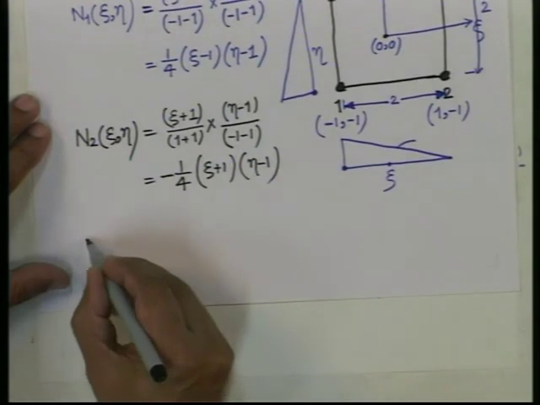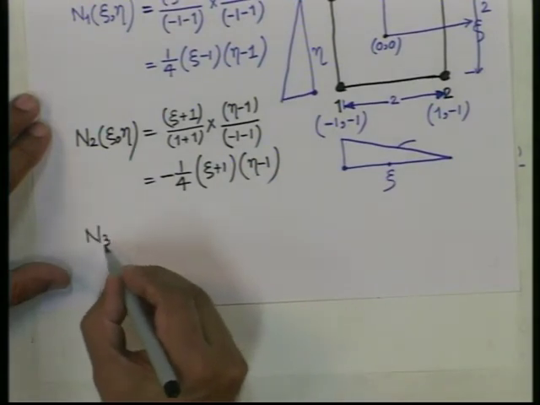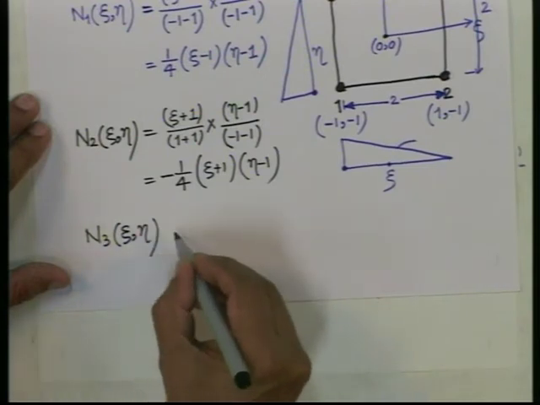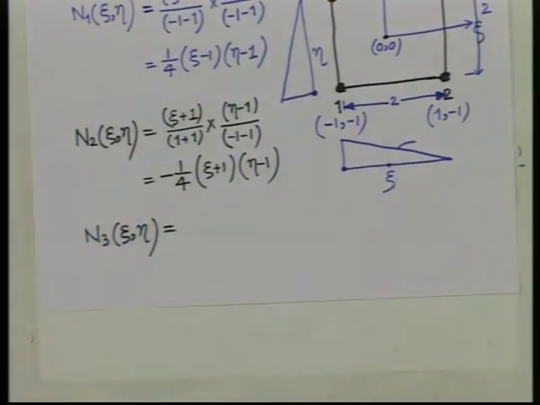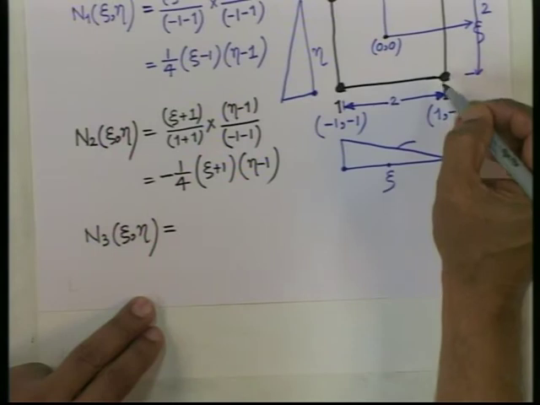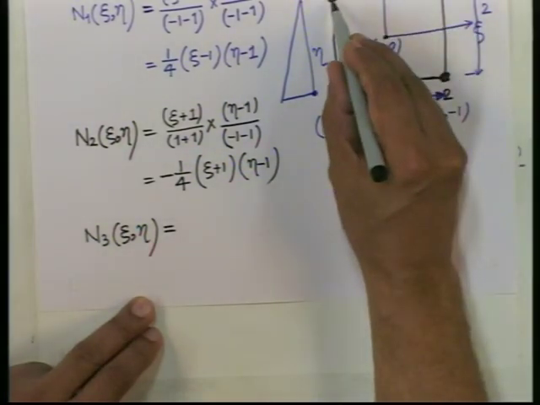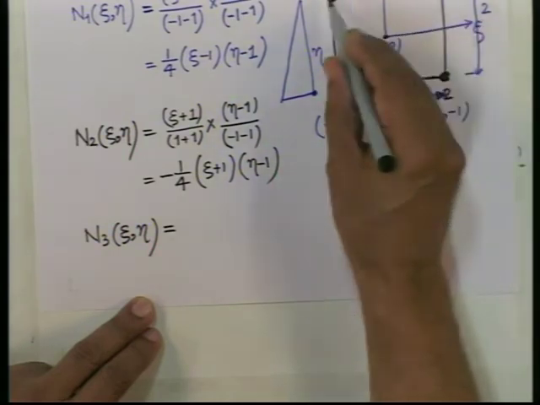Now, node 3. There are many advantages of the approach that we are following. Let us go to node number 3, the shape function for node number 3. What will be psi here? Psi means it is plus 1, so it will be here, this and this.